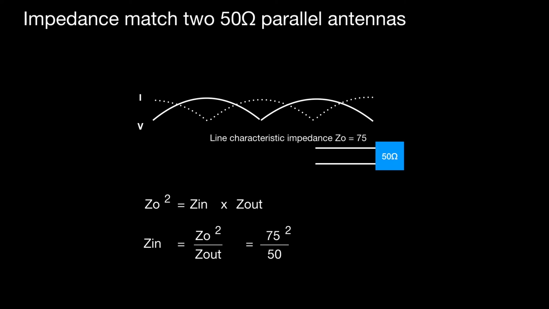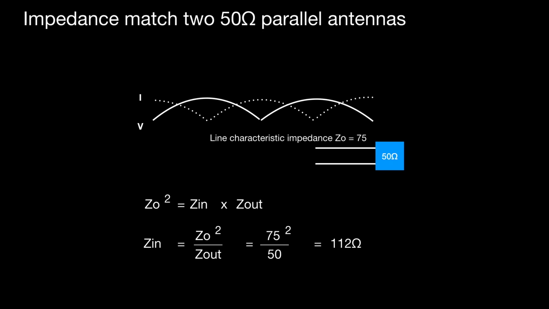If we use 75 ohm coax here, then looking into this system with a line characteristic impedance of 75 ohms and a load of 50 ohms, that's Z out, then we would have an impedance of 112 ohms.